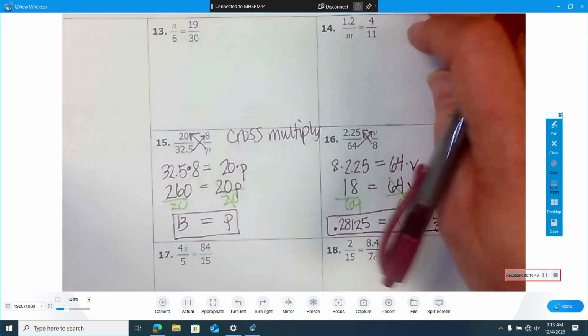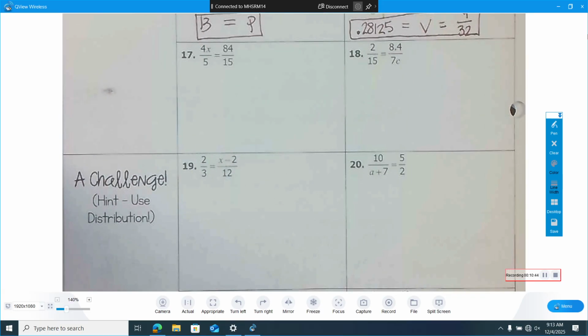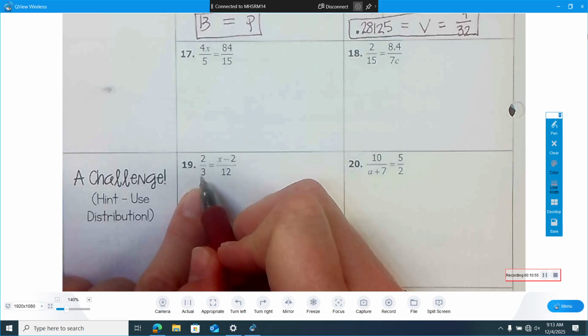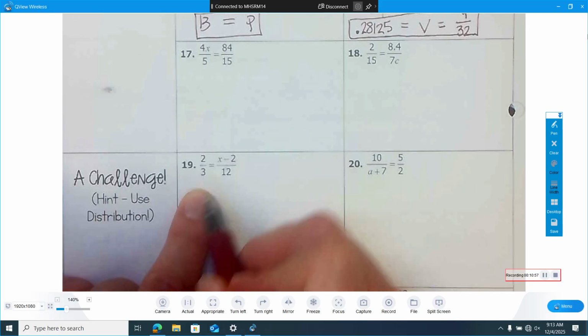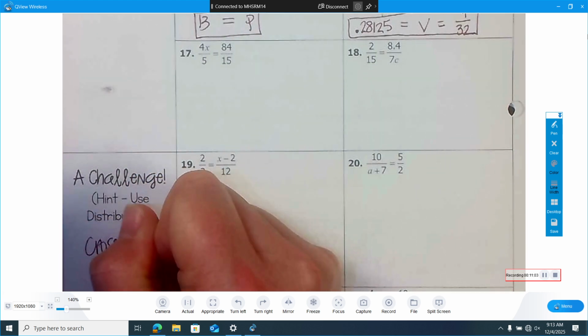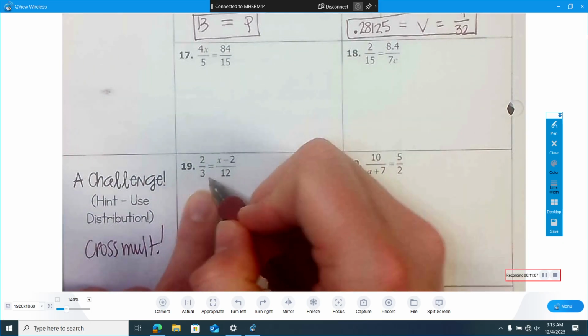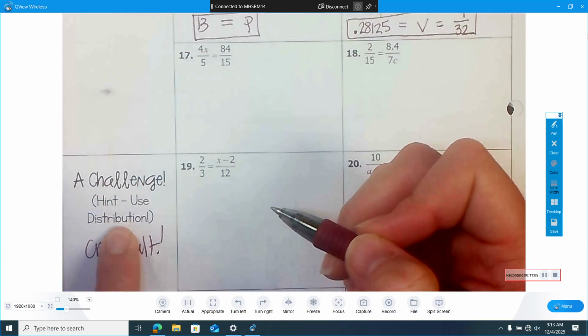Okay, then we want to do the challenge. All right, and it's not a challenge. You guys are great at this stuff. So now we have slightly more complicated proportions. It is still a proportion because we have a fraction equal to a fraction. How do we solve proportions? Cross multiply. So we're still cross multiplying, but we're going to have to do a little bit of distribution.